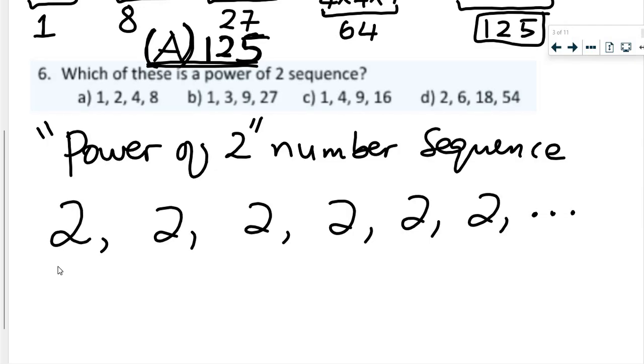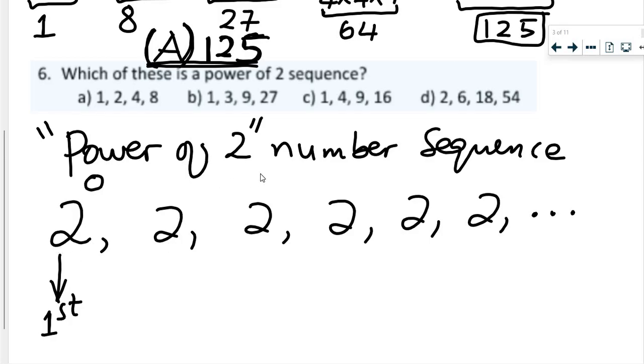Meaning, to get the first power of 2, just make it to the power of 0. This is the first term in the powers of 2 number sequence. And I will tell you what 2 power 0 means.